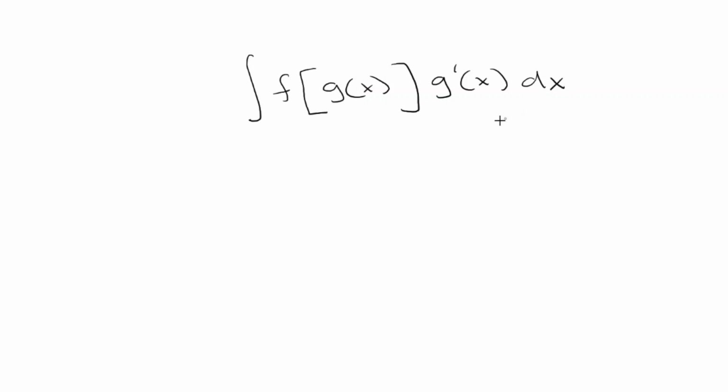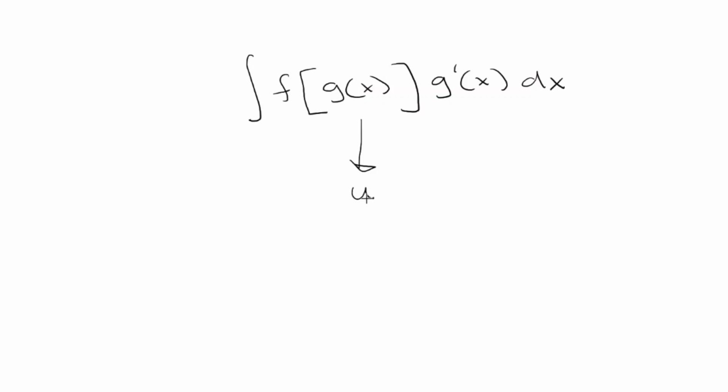So today we're going to have a look at integration by substitution. When we have something of the form f of g of x times g prime of x with respect to x, that's when we can do integration by substitution, because the g of x can be substituted as a letter u.